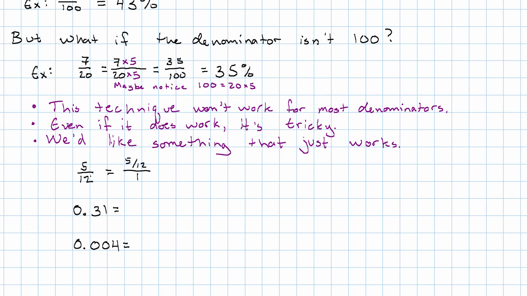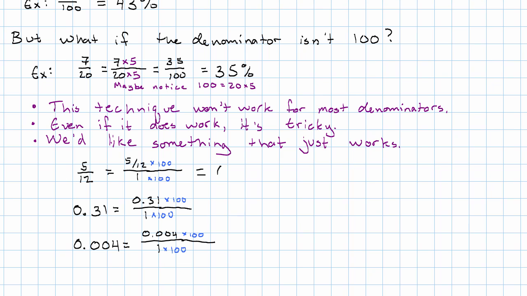So 5/12ths becomes 5/12ths over 1. 0.31 becomes 0.31 over 1. 0.004 becomes 0.004 over 1. And now, I know what I can multiply 1 by to get 100. If I'm going to multiply my denominator by 100, I also have to multiply my numerator by 100.